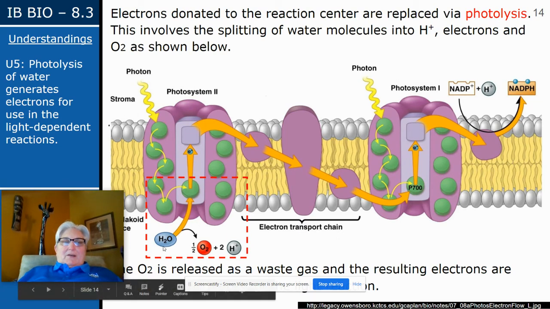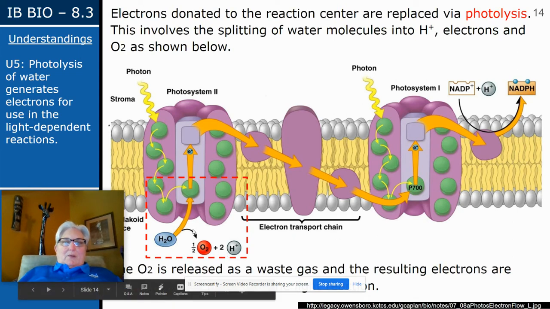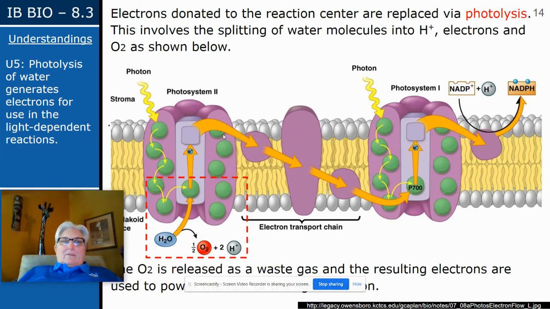Now you notice down here, here's our water coming in, and in photosystem 2, one of the things we have to do is split water into its hydrogen component, its oxygen component, and the electron piece. So this is where the electrons get excited, and they're able to keep moving, and they move along what's called the ETC, or the electron transport chain.